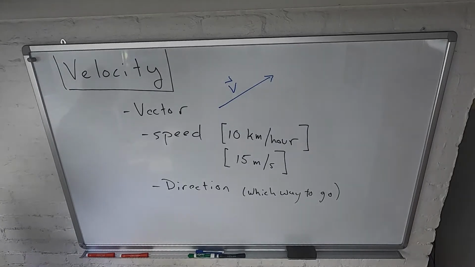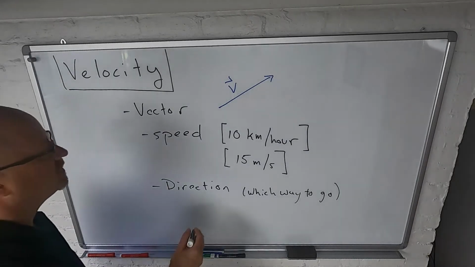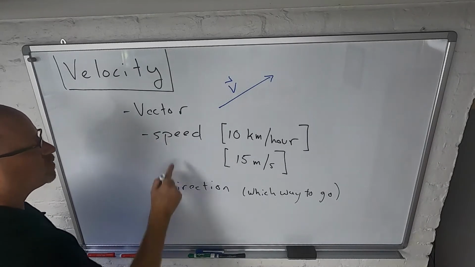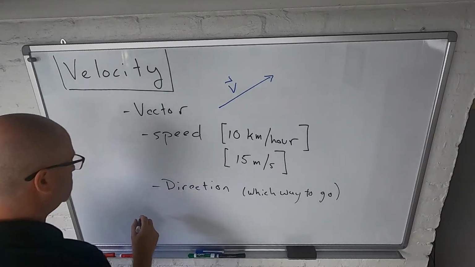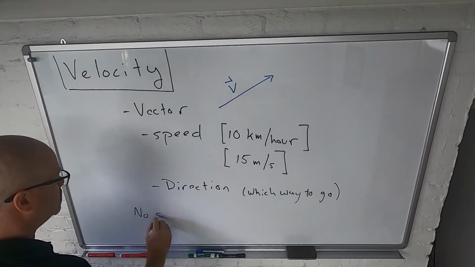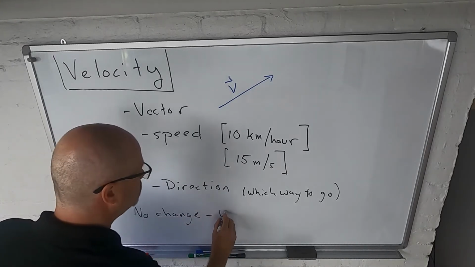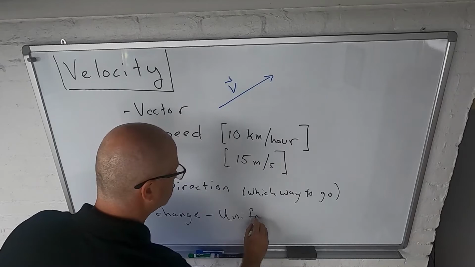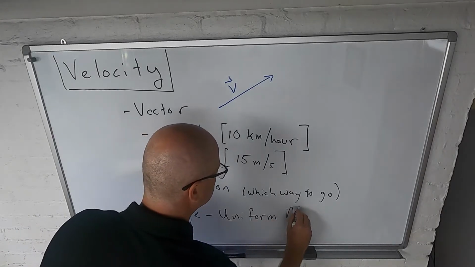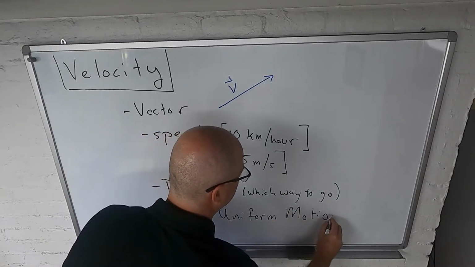Okay, well that's good. If my speed and my direction don't change, so no change, then I have uniform motion. That's what we call it.